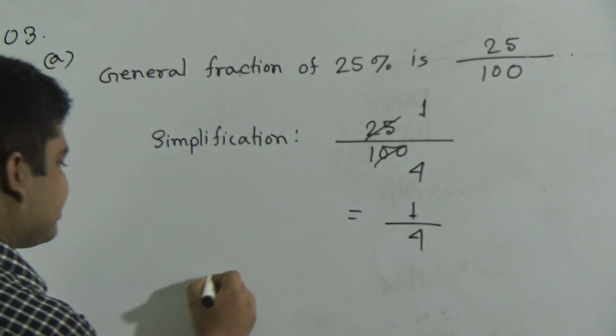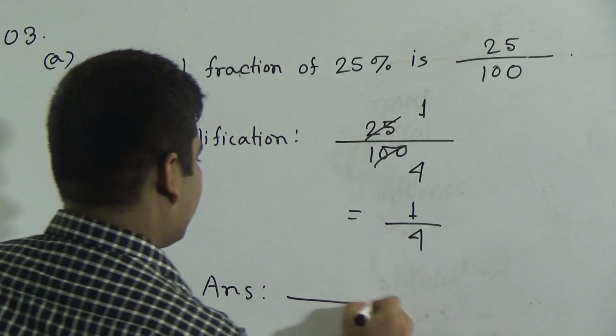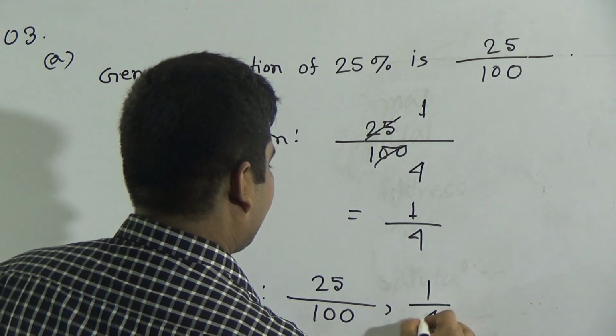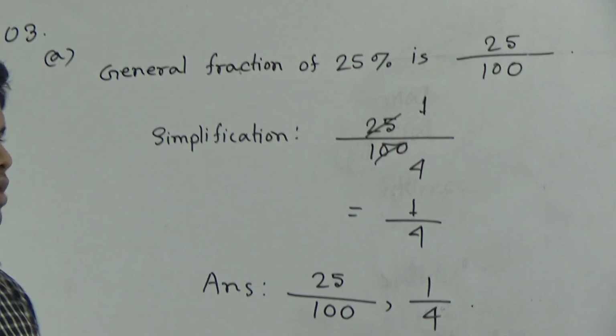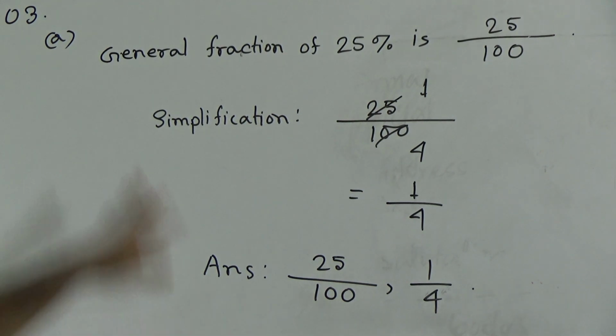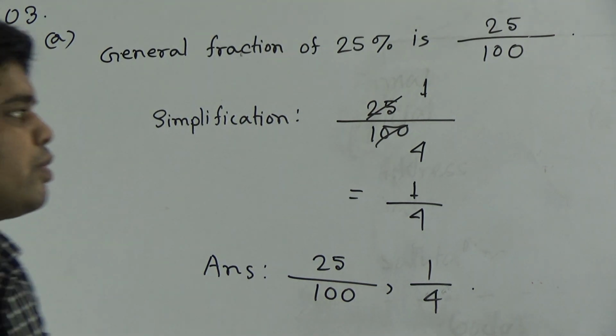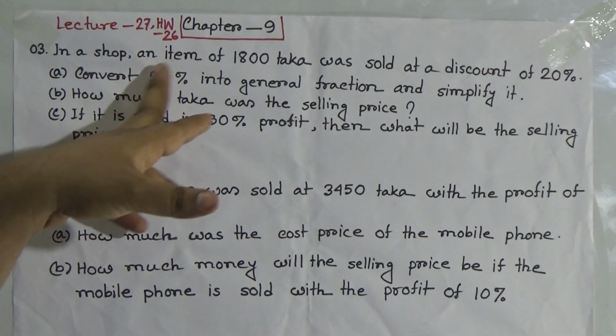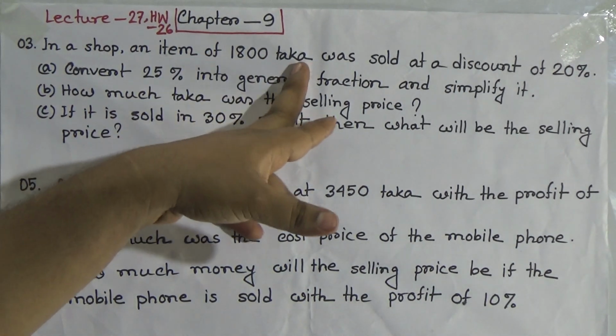Now write the answer, 25 by 100 and 1 by 4. I hope you have understood. My dear students, this is question number A. Now we shall solve question number B. Here you notice, how much taka was the selling price, and the stem is in a shop an item of 1800 taka.